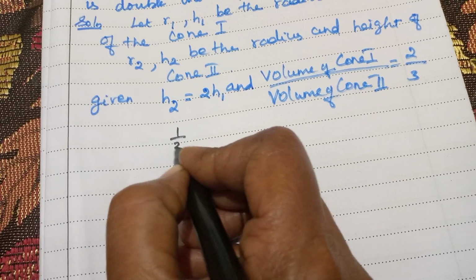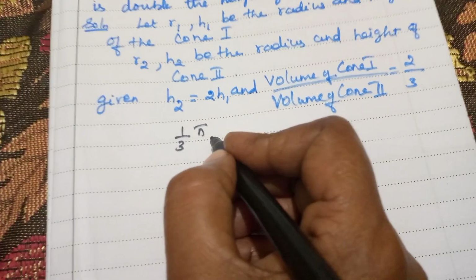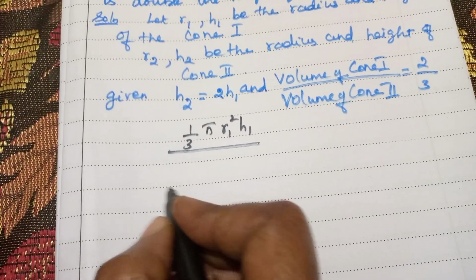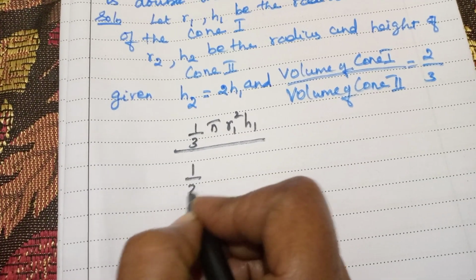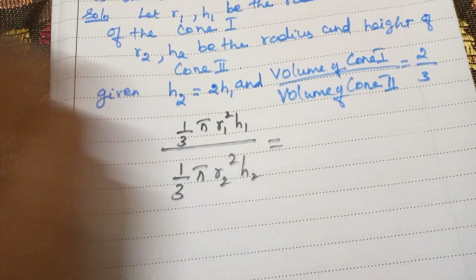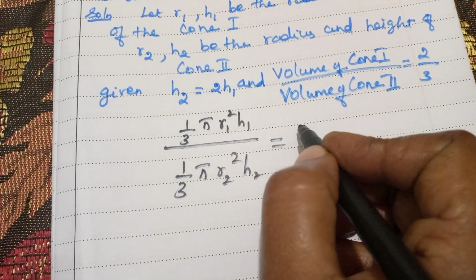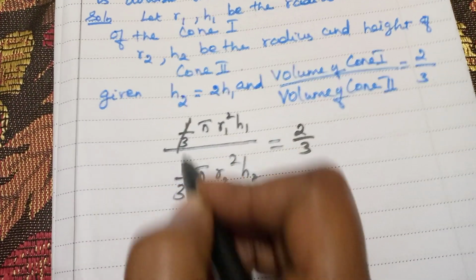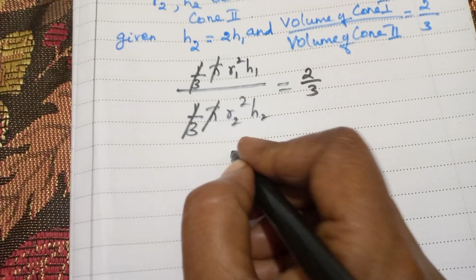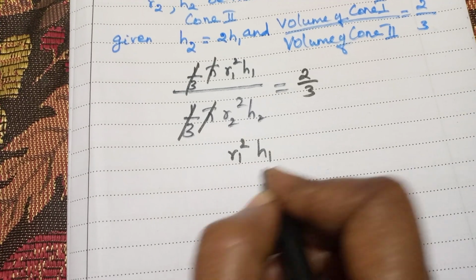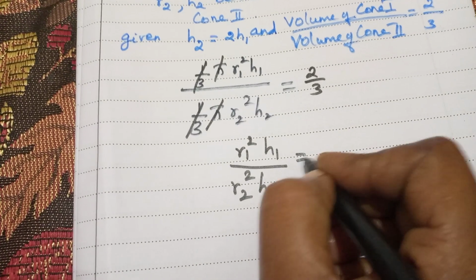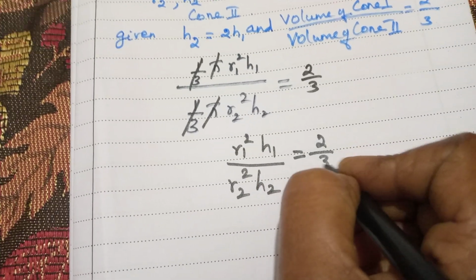1 by 3 pi r1 square h1 for cone 1, by 1 by 3 pi r2 square h2 for cone 2, is equal to 2 by 3. Now 1 by 3 can be cancelled, pi can be cancelled. Remaining, let's write r1 square h1 by r2 square h2 is equal to 2 by 3.